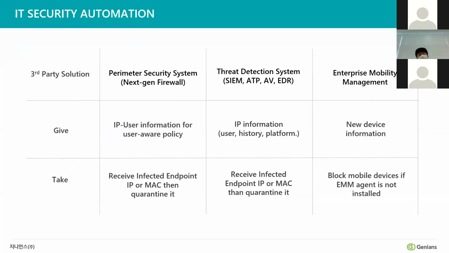IT security automation. If we integrate with any other third-party security solution, we can bring more correlated security power into the customer environment. For example, when there are perimeter security systems such as next generation firewall, we can give IP and user information for the user-aware policy.